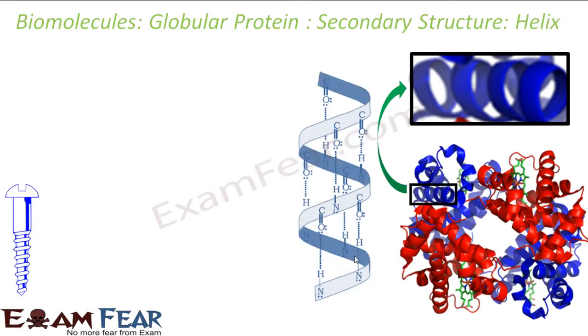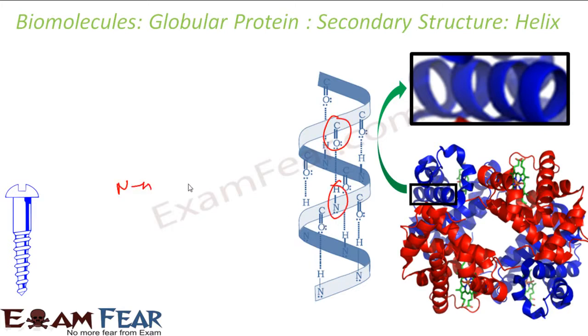Let's talk about alpha helix in detail. Alpha helix is the most common way in which the polypeptide chain forms hydrogen bonds, by twisting in the right hand screw rule. If you see, it looks like a screw. This is the most stable secondary structure because there is hydrogen bonding between CO and NH.